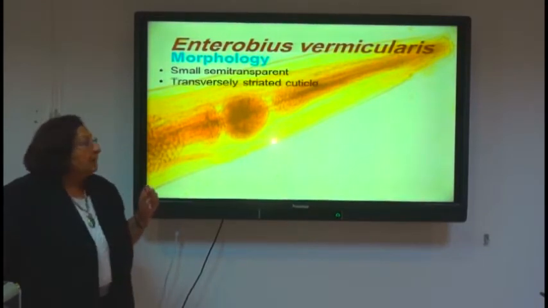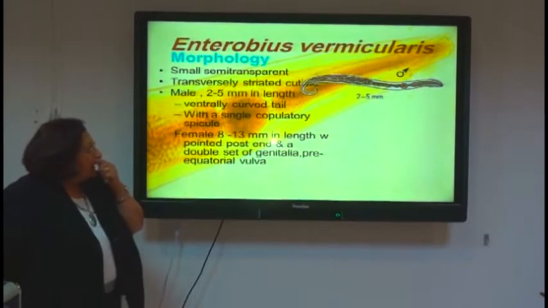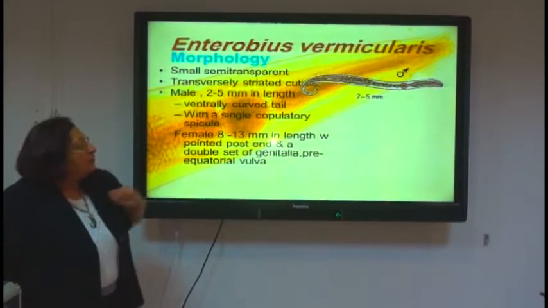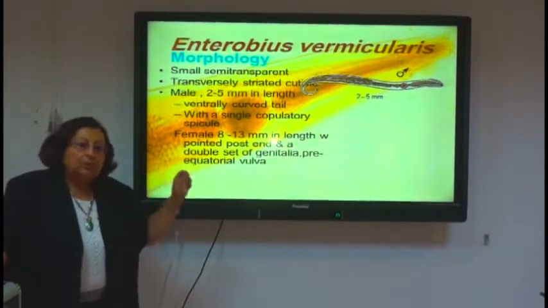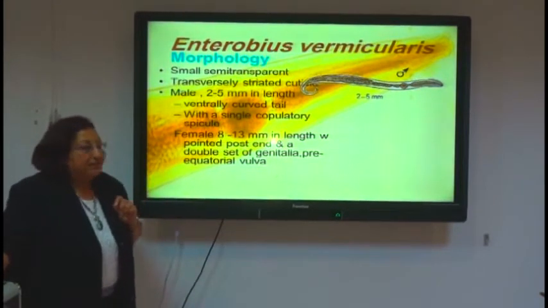Morphologically, this worm is semi-transparent, as we will see now. The cuticle is transversely striated. The male is always smaller than the female and has a curved posterior end.